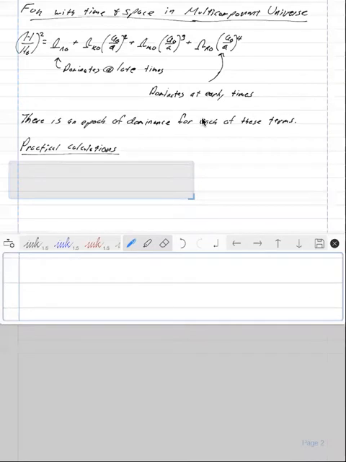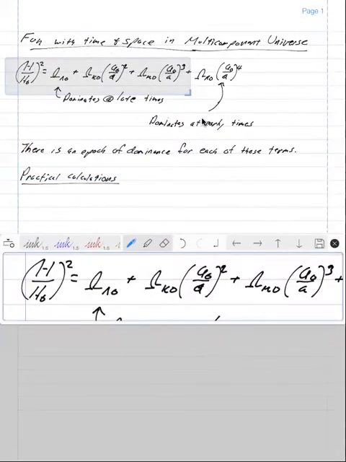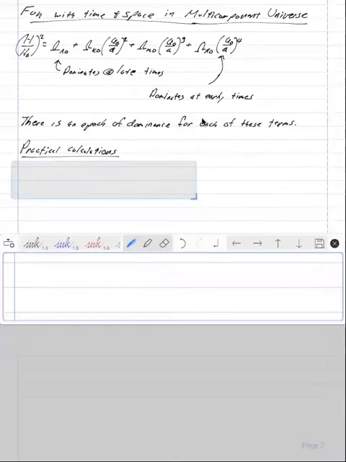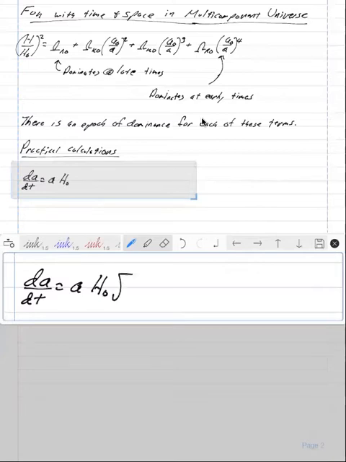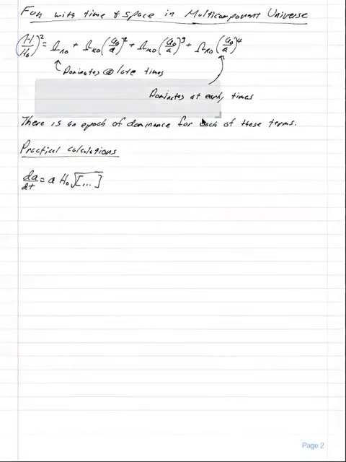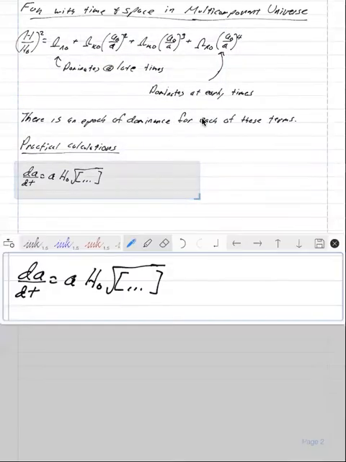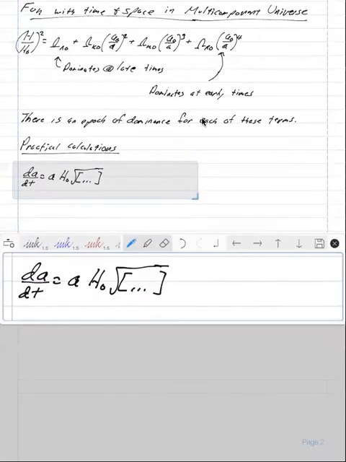All right, so the Friedmann equation, which is just this equation up here, that H squared is in essence an equation for dA by dt is equal to a times H naught, and then the square root of all that stuff that's on the right-hand side. And we'll just put that in brackets. So in general, that's the ordinary differential equation that one will be solving to find the evolution.